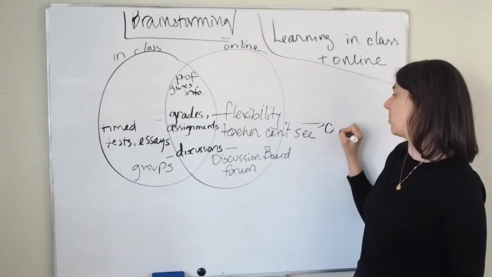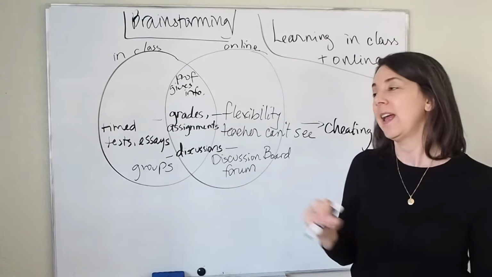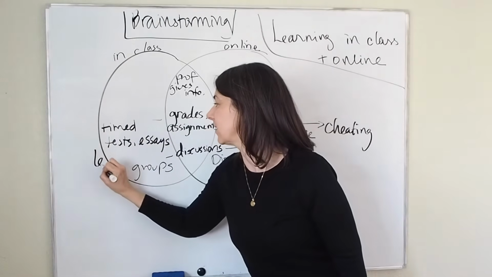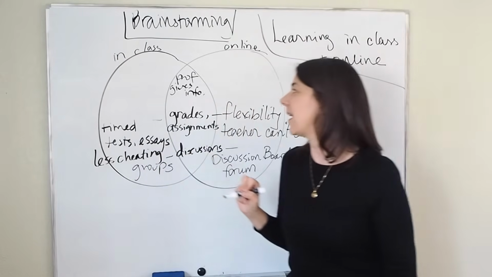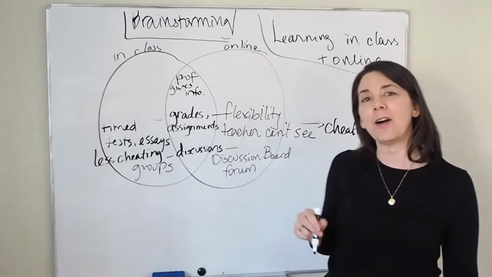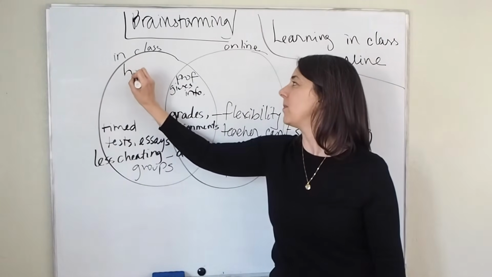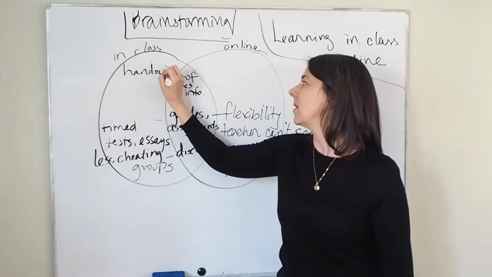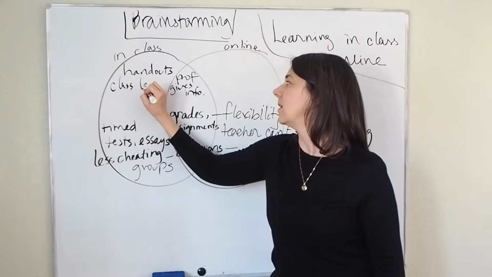This can cause more cheating. And maybe I might add here that there's less cheating in the class. Finally, about how the professor gives information in class, there might be more handouts, and obviously there is class lecture.